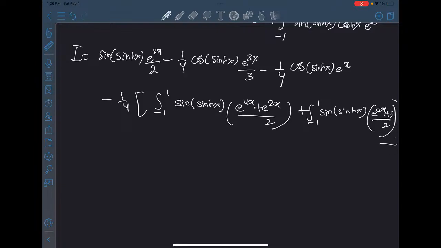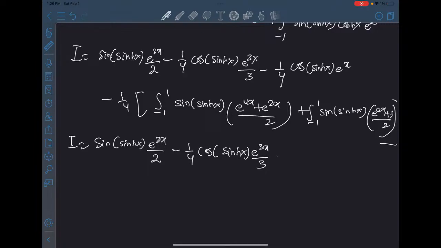Okay, now this becomes sine of sin x, e to the power 2x by 2, minus 1 by 4 cos of sin x, e to the power 3x by 3, and then minus 1 by 4 cos of sin x, e to the power x, right?